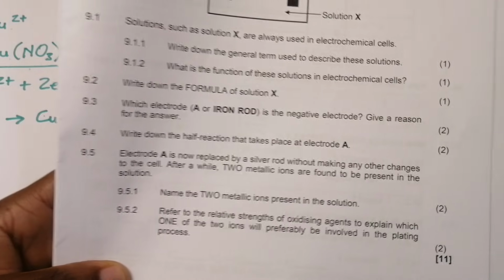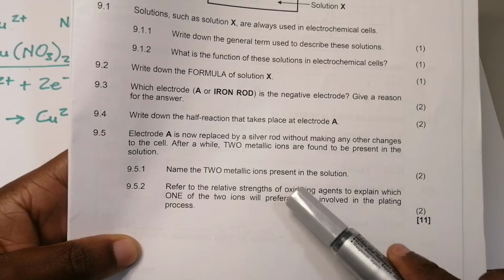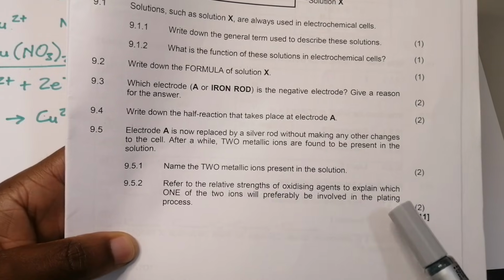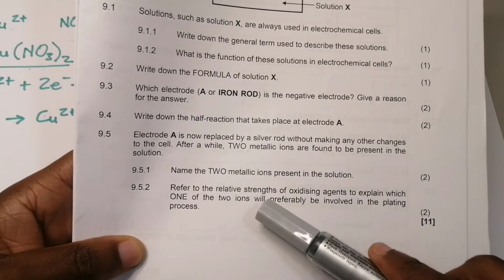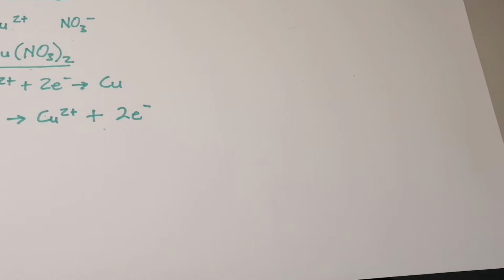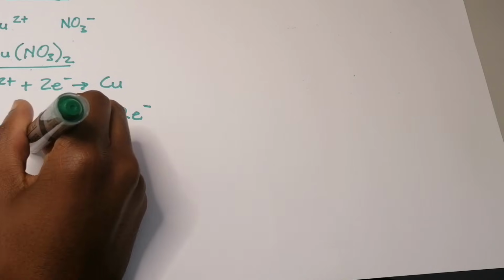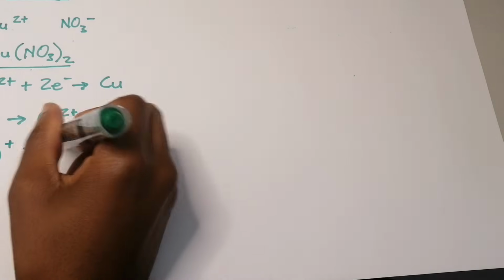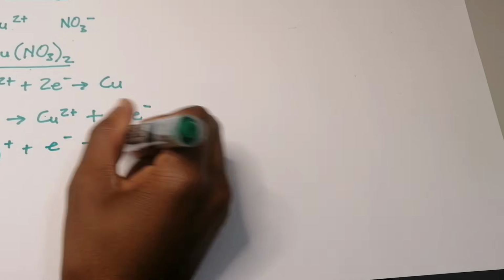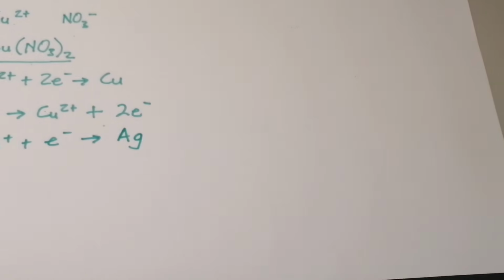Now they said refer to the relative strengths of oxidizing agent. Which one of the two ions will preferably be involved in the plating? Definitely it will be silver, right? So silver would easily tend to undergo that reduction process because it's got a higher oxidizing ability.